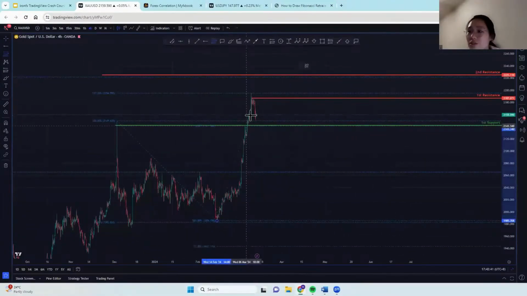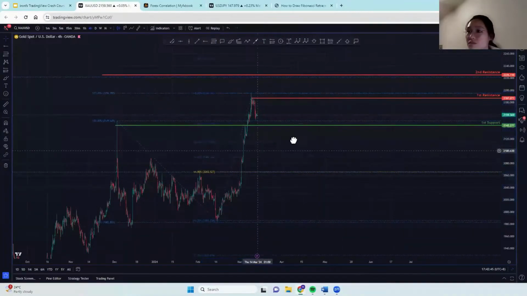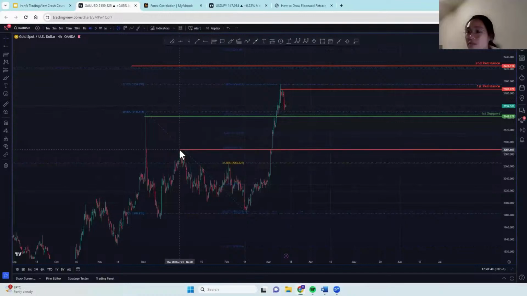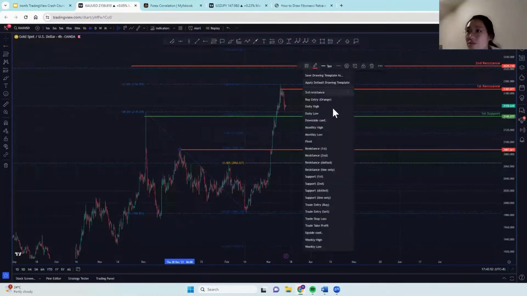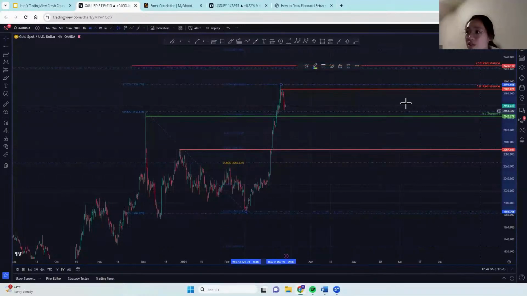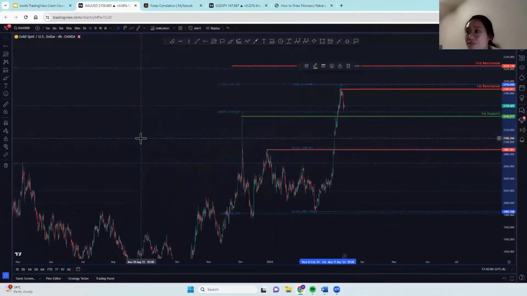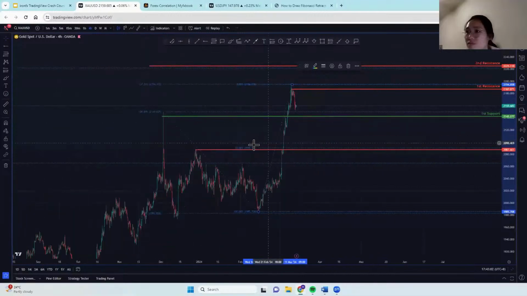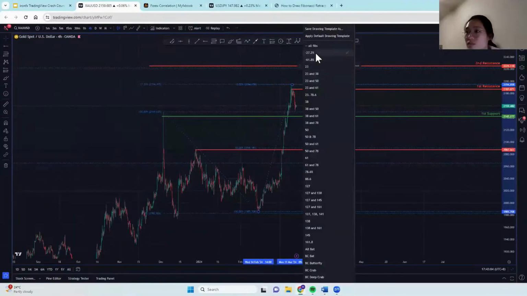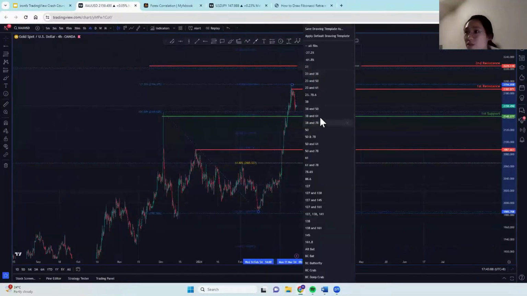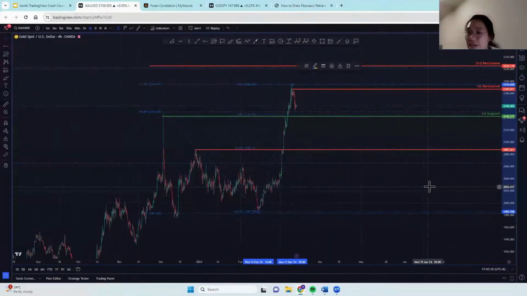Okay, now I'm gonna look for a retracement. Okay, and I'm gonna add another level here at this 50% level. That's also in line with this swing high here. Okay, my 23.6 also lines up. So I'm just going to keep my 23.6 and 50%.